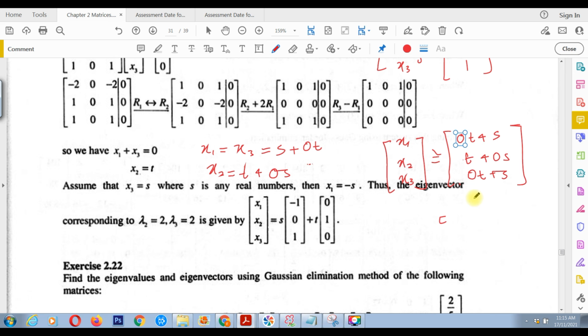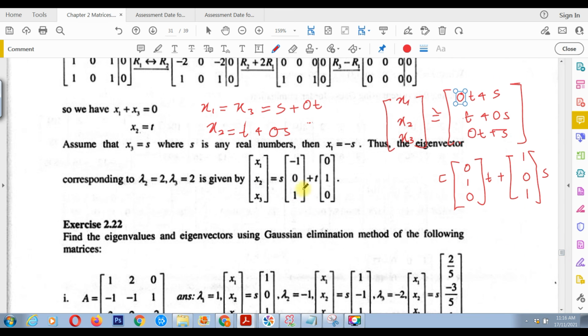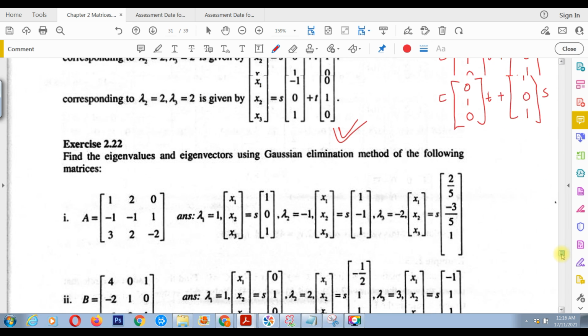So we separate the t's. So the t part will be 0 1 0, this is for t. And then plus 1 0 1, this is for s. So that's it. That's why the solution looks like this. Okay, this is the exercise for eigenvalue, eigenvector, with the same steps.